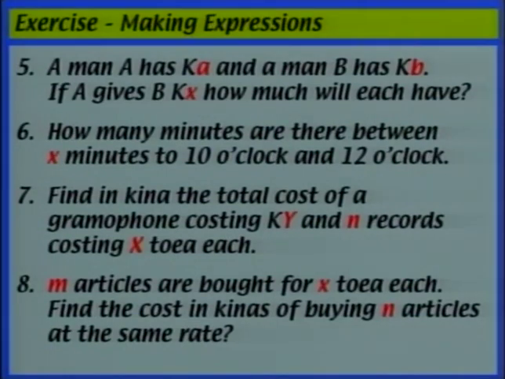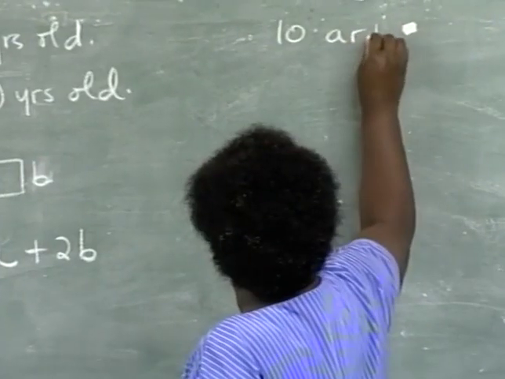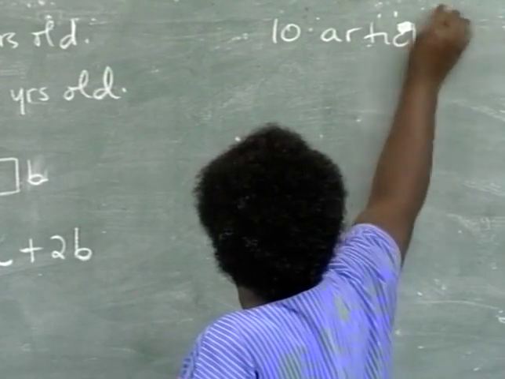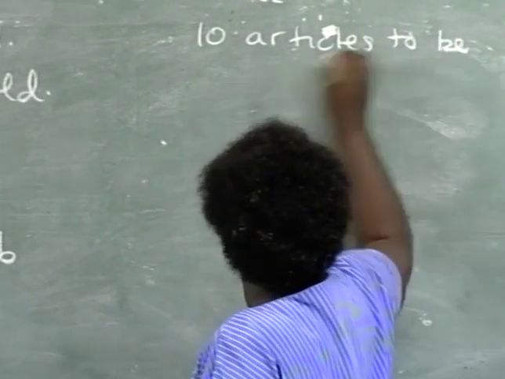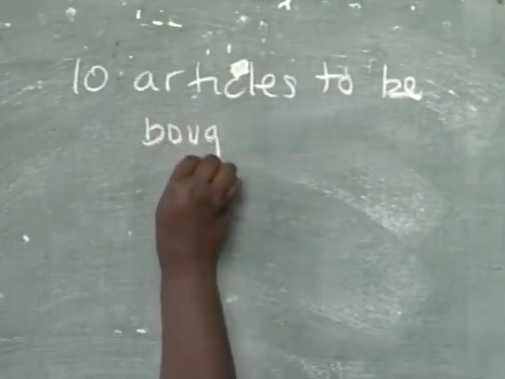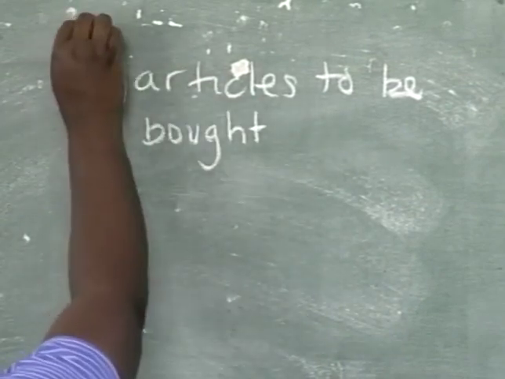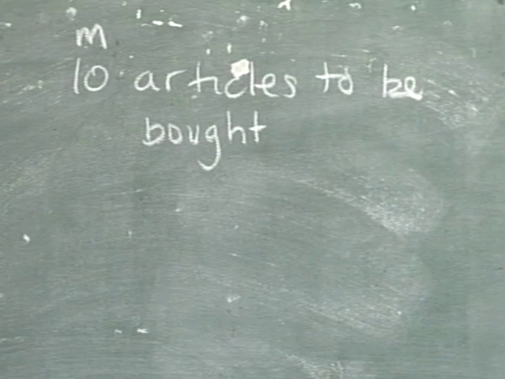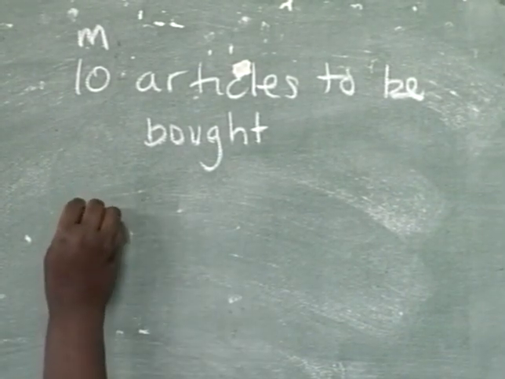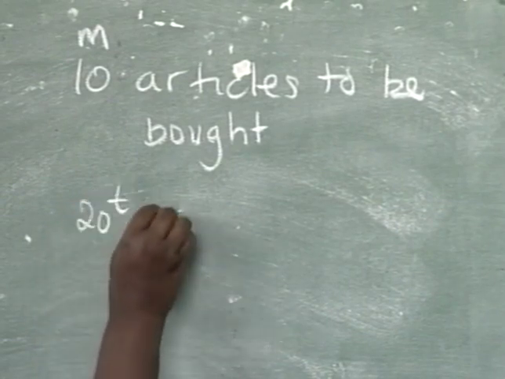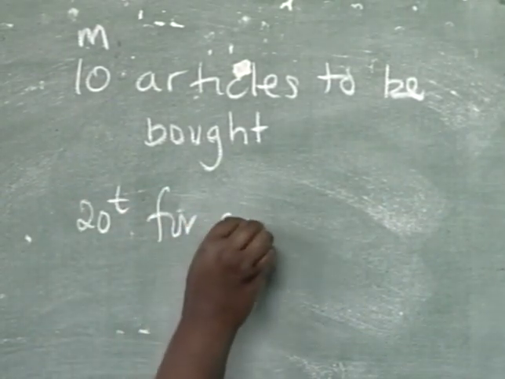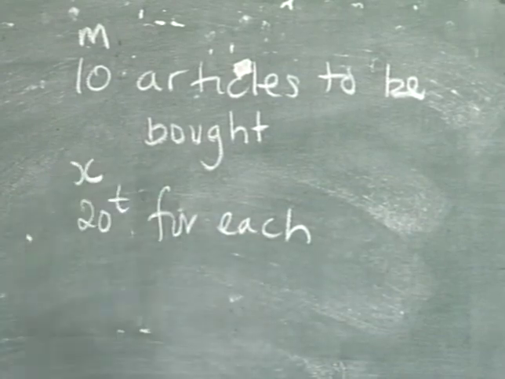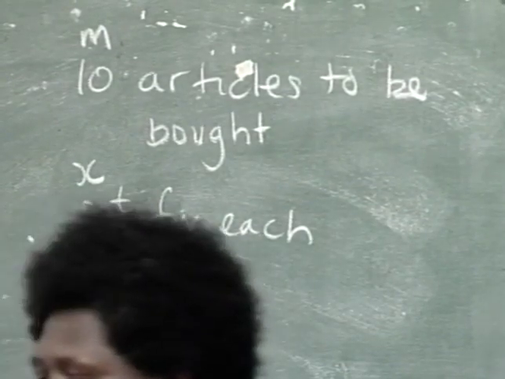If you were told that there are 10 articles to be bought, this is M, and for each of them it says X toya, let's say 20 toya for each.